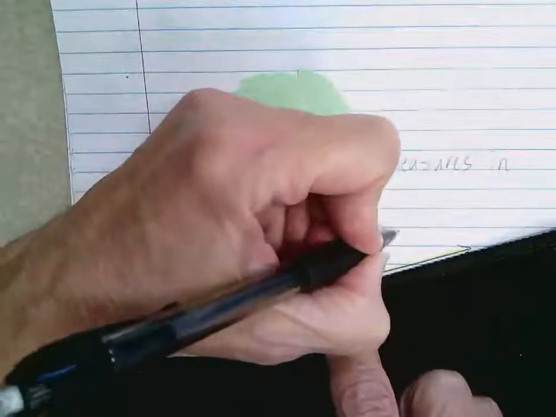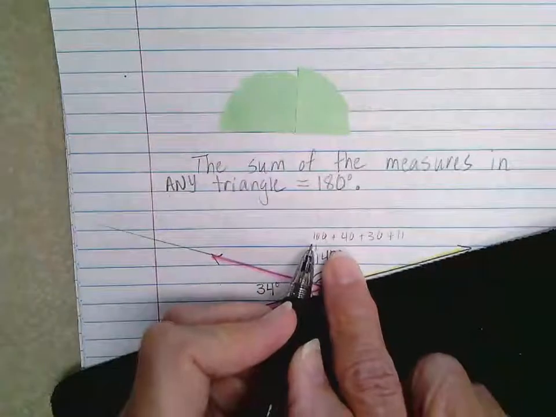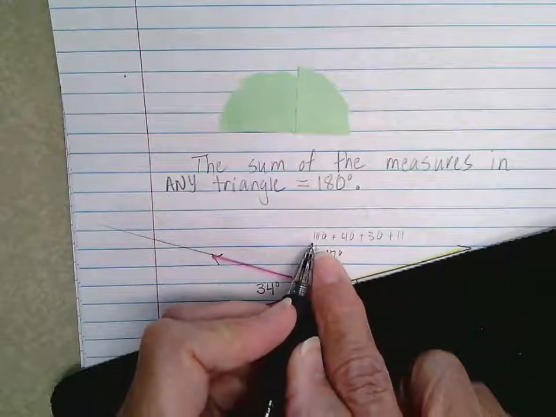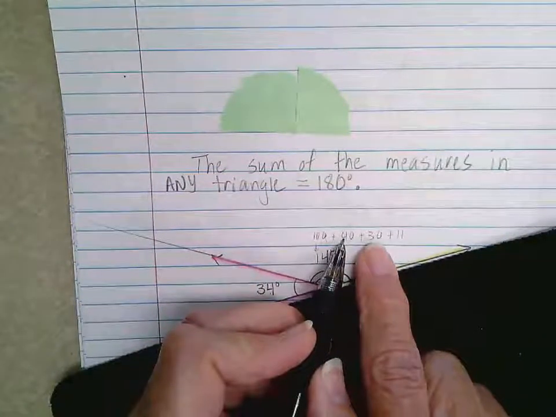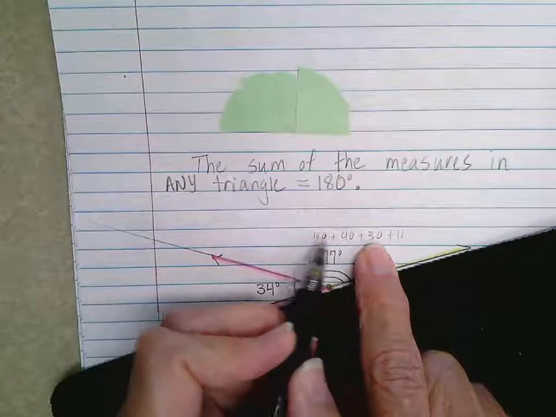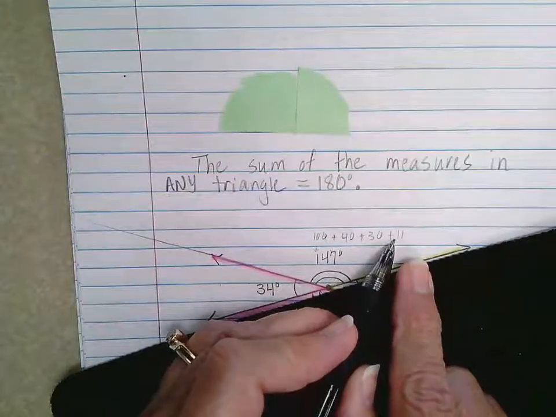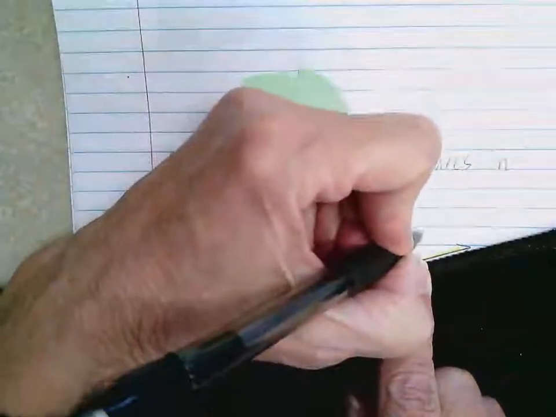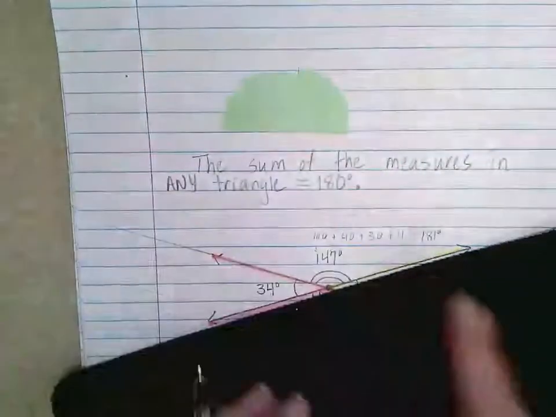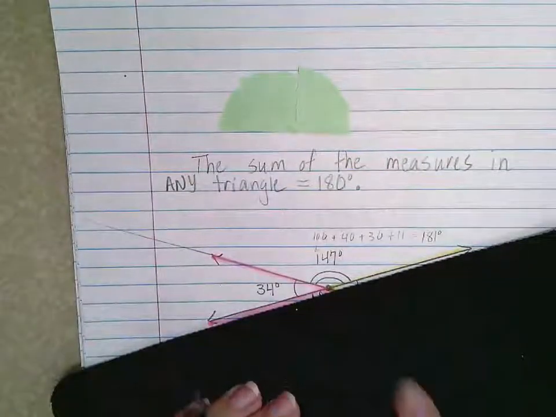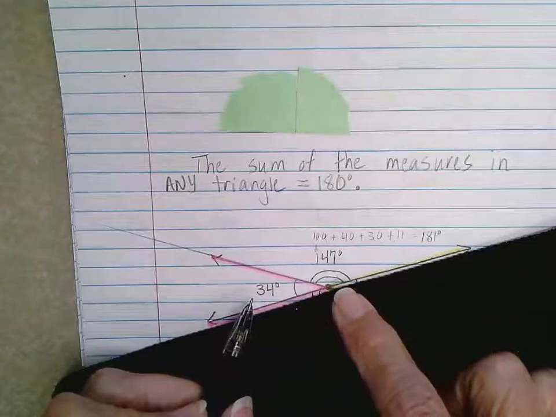And 4 plus 7 is 11. So when I add these together, I get 100. These two added together are 70. So 170 plus 11 is 181. I'm off that 1 degree again in my measurements. Pretty close.